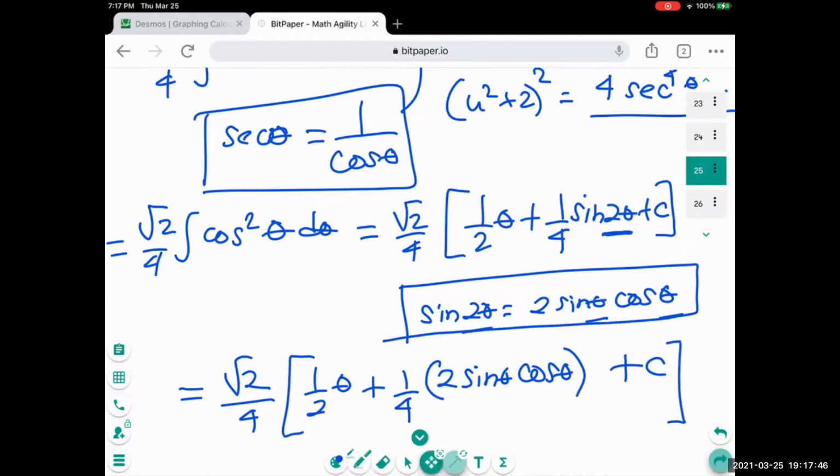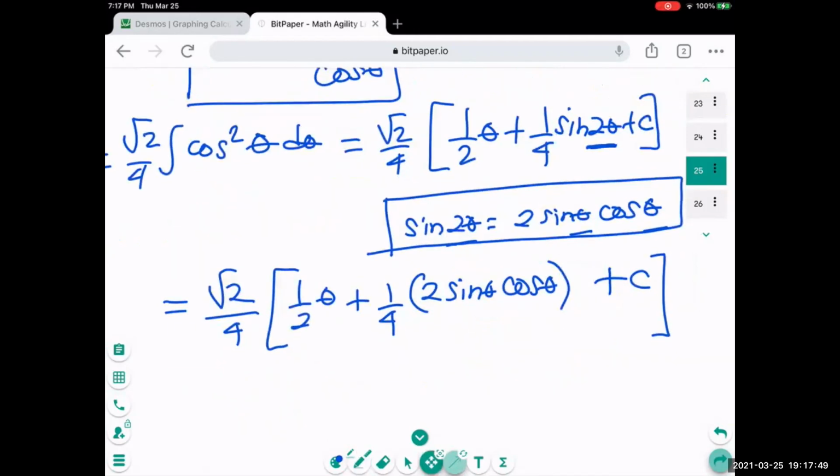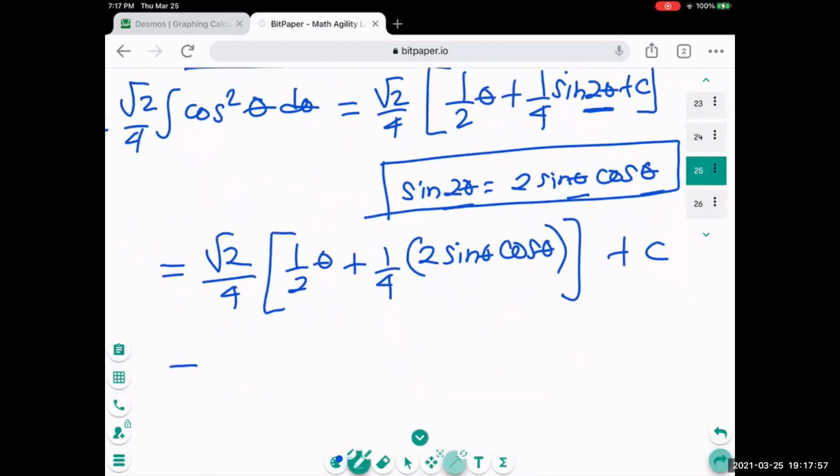So let's try to distribute. Actually, the c would be out here. Let's distribute the outside constant. So this would be square root of 2 over 8 theta plus square root of 2 over 2, right?